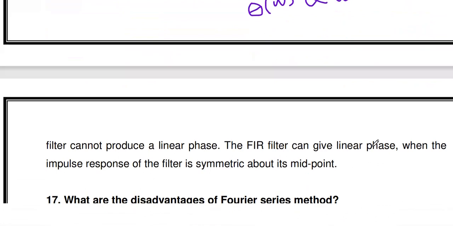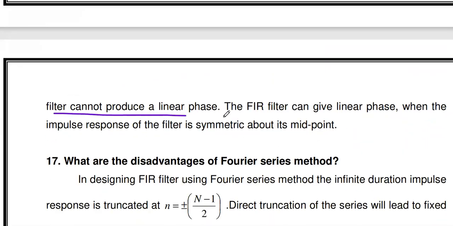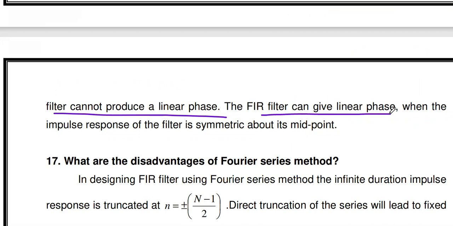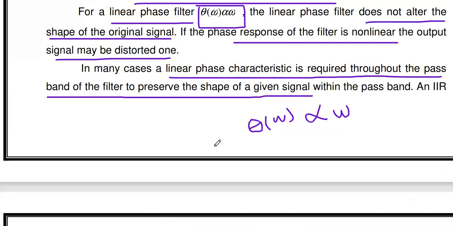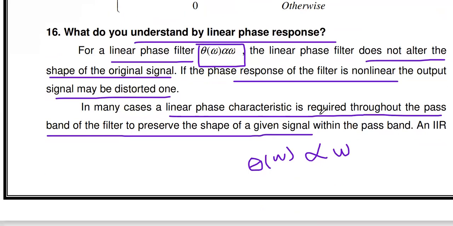An IIR filter cannot produce linear phase, since in an IIR filter the linear phase characteristic is not satisfied. But an FIR filter can give linear phase, so we can get the output signal without any distortion. So this is called linear phase response.